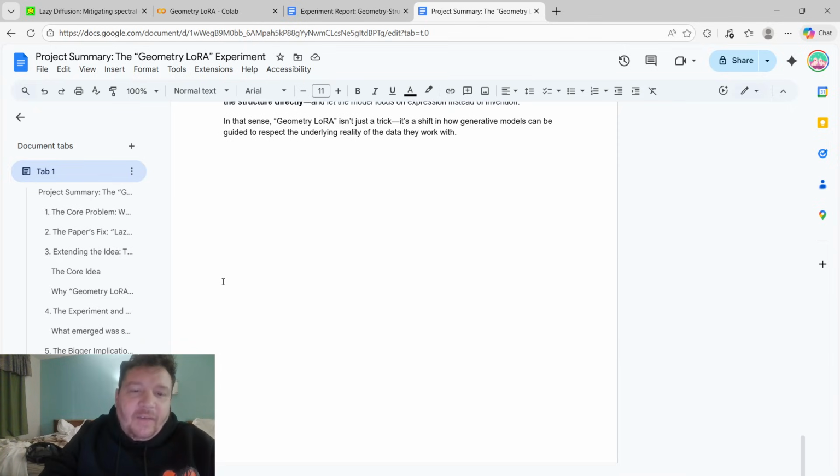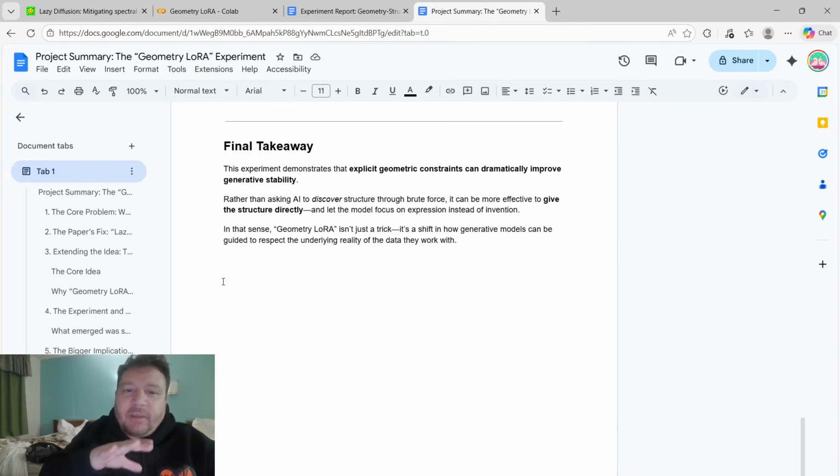And so the final takeaway of all of this is that the experiment demonstrates that explicit geometric constraints can dramatically improve generative stability, exactly what I laid out, right? Rather than asking AI to discover structure through brute force, it can be more effective to give the structure directly and then let the model focus on expression instead of invention.